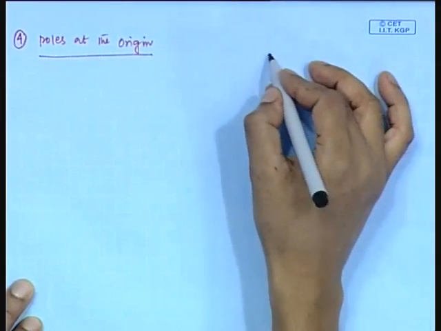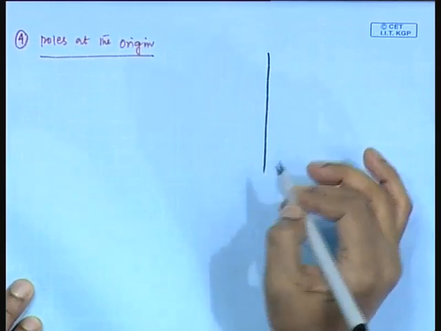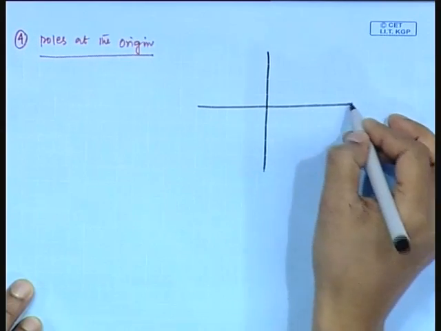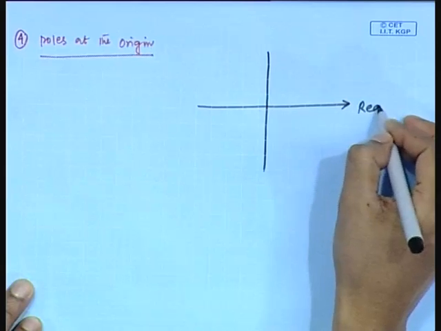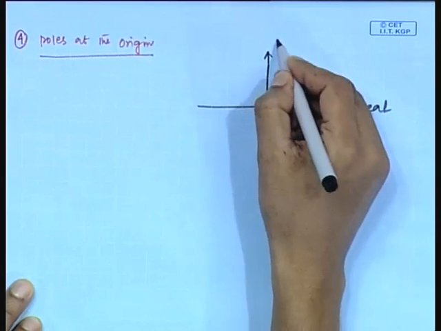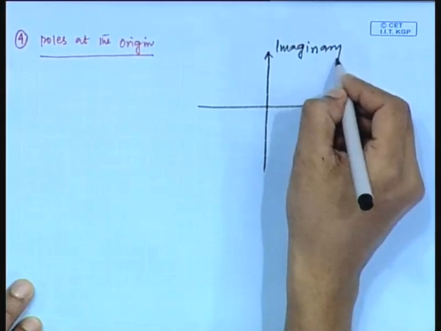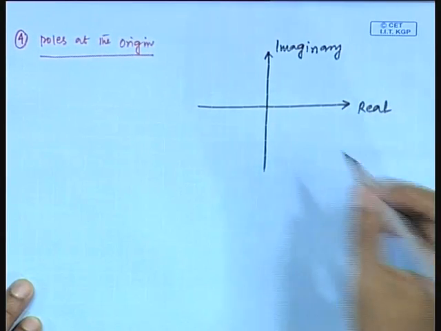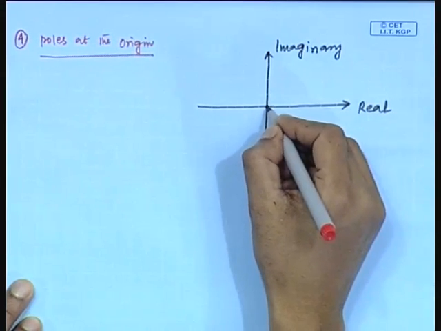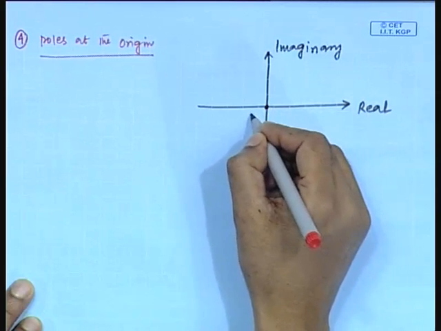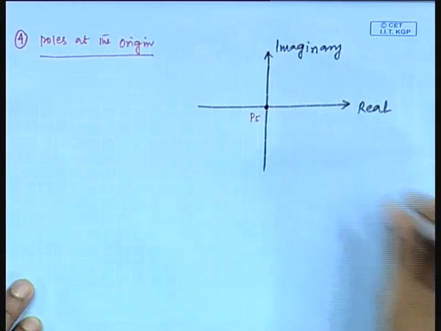I mean if we draw the complex plane, this is real and this is imaginary, the pole P5 is present here, this is P5.